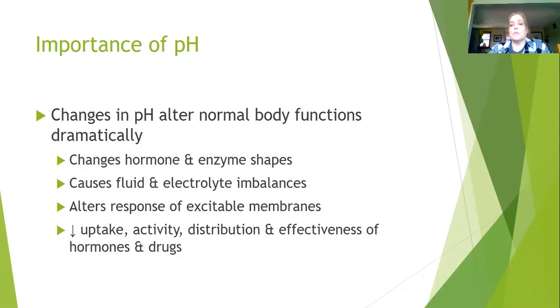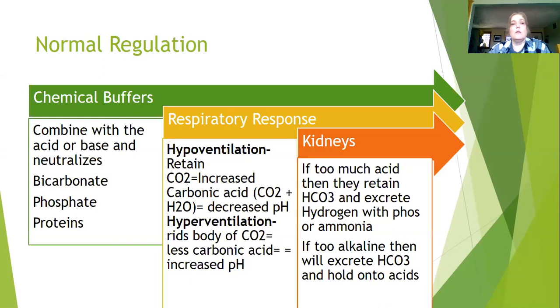There's altered response to excitability of membranes, so some of those movement functions and heart rhythms can be affected. And also when you're learning about your pharmacology, a lot of these drugs can be affected by the acid-base balance in the patient. So if it's abnormal, we could actually have a problem with that medication being effective, right?